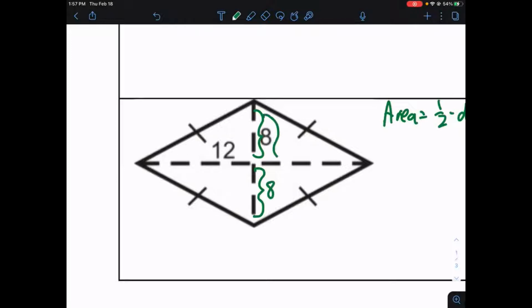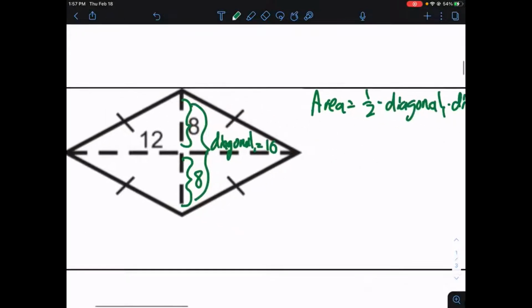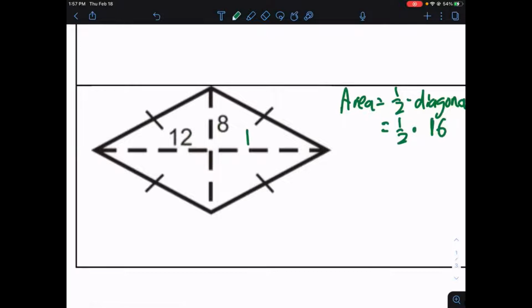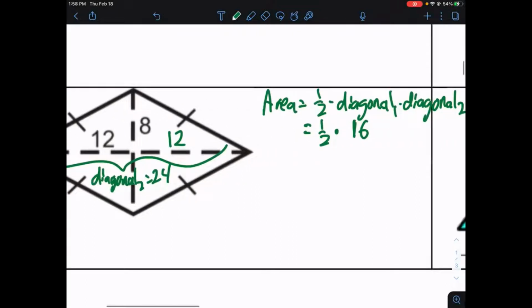And that means put together, this entire diagonal is 8 plus 8, or 16. Okay, now let me erase this so it's not too crowded. And going in the other direction, again, the diagonal gets bisected. So if this is 12, this is also 12. So put together, 12 plus 12 means diagonal 2 is 24 units in length.